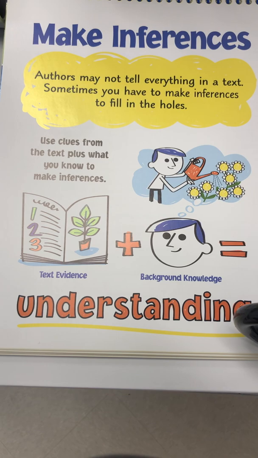Cactuses and being hot, sandy. Is there trees around? No. All right. Maybe camels. Okay. So we're using our background knowledge of what we know about a desert to help us fill in the blanks.